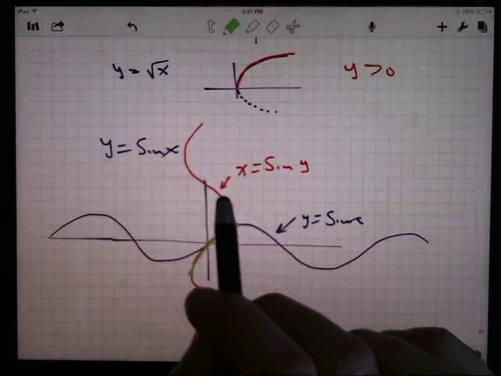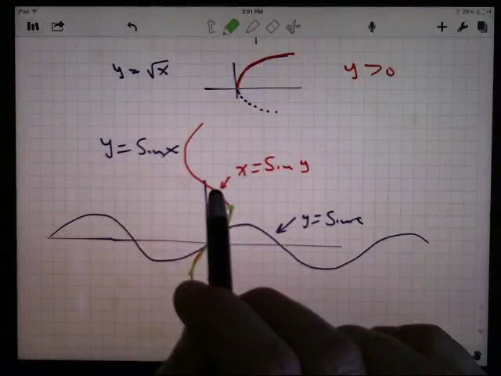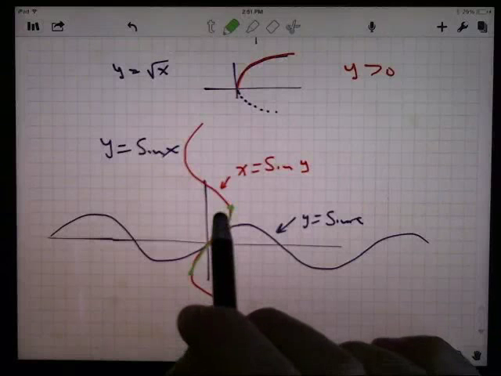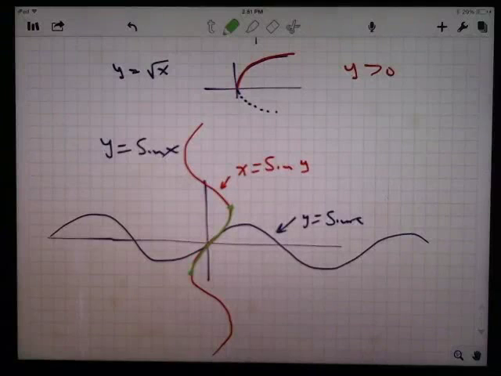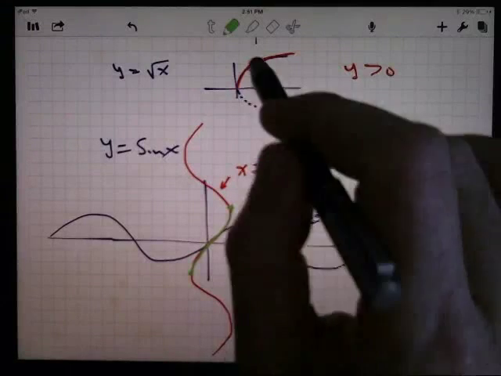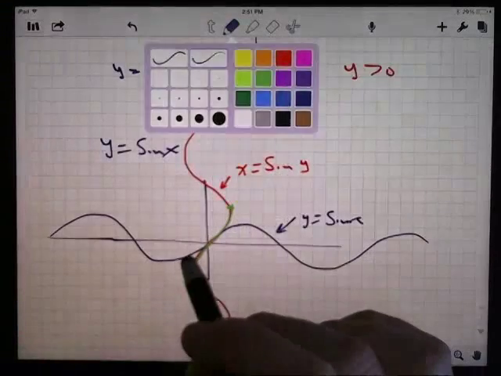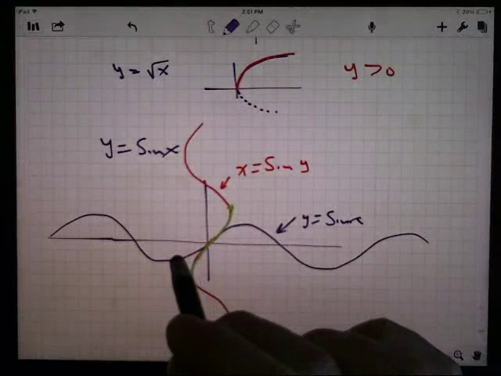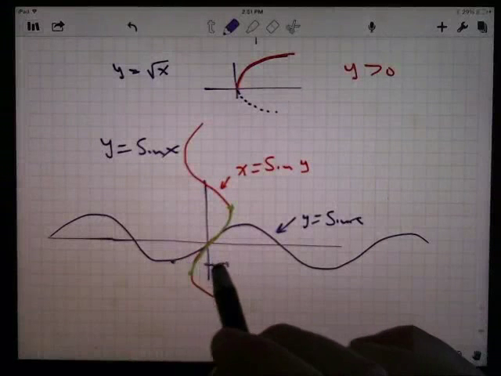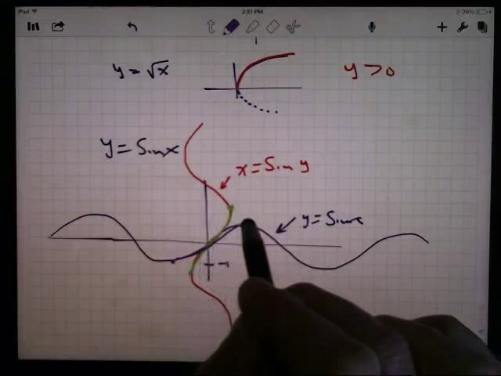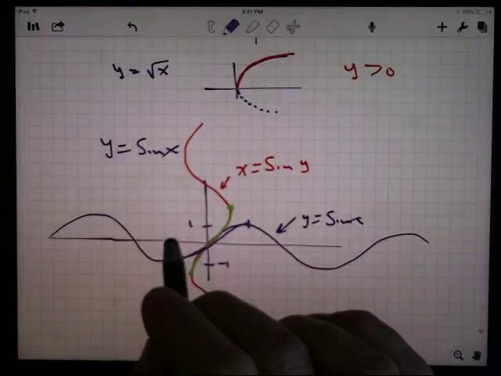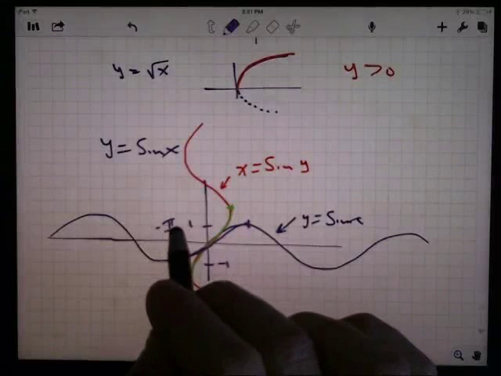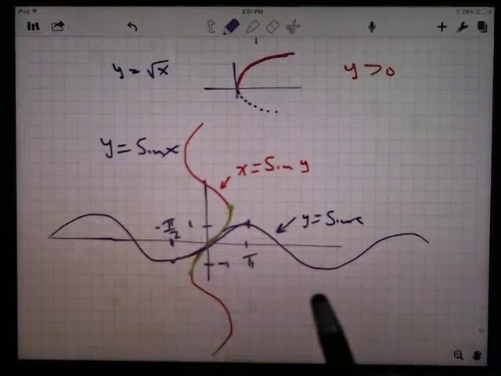Once I get past here, it starts coming back down again. I'm getting y values up here for x values that I've already used, right? This comes back over. This gets all of my x values. The part of the graph that comes from the sine curve is from the lowest spot here at -1 up to the highest spot there at +1, right? The x values here were from -π/2 to +π/2.